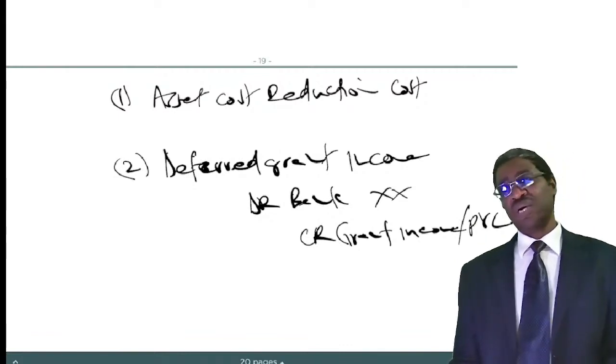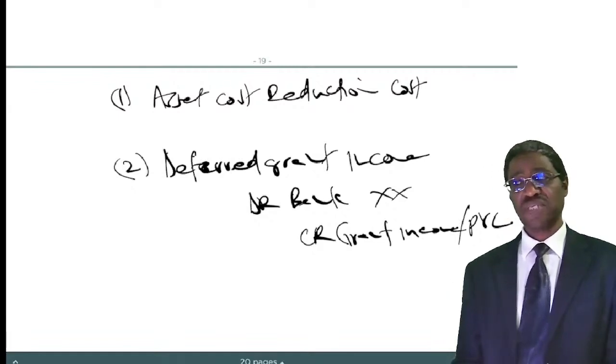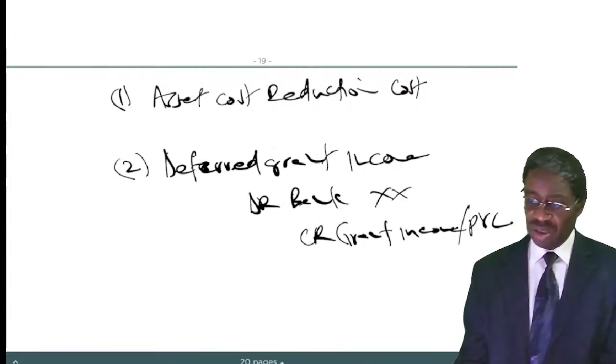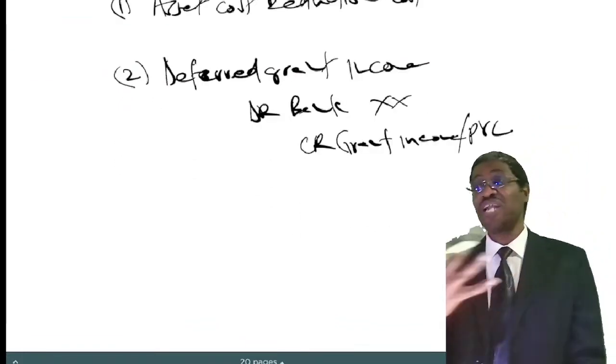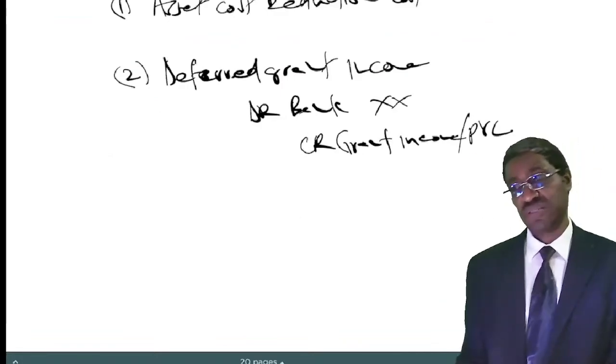Okay? Another subheading, let's talk about the third type of grant. What was it? The third one was non-monetary. How do you deal with it? You received a machine or land or a building from the government. How do you account for it? Okay?